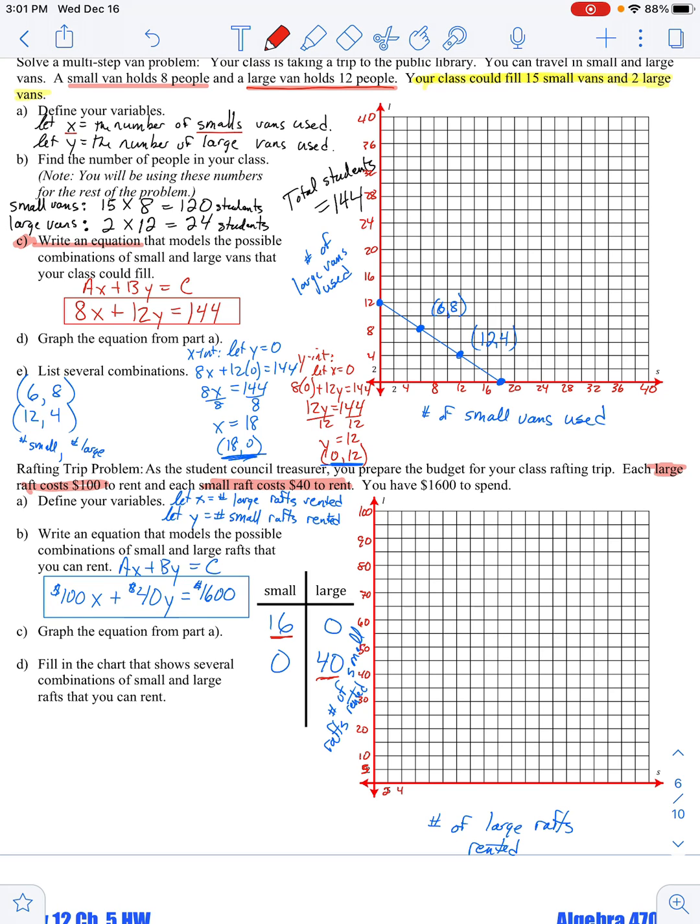And horizontally, 2, 4, 6, 8, 10, 12, 14, 16, 18. But there I was able to get all the way out to 40.